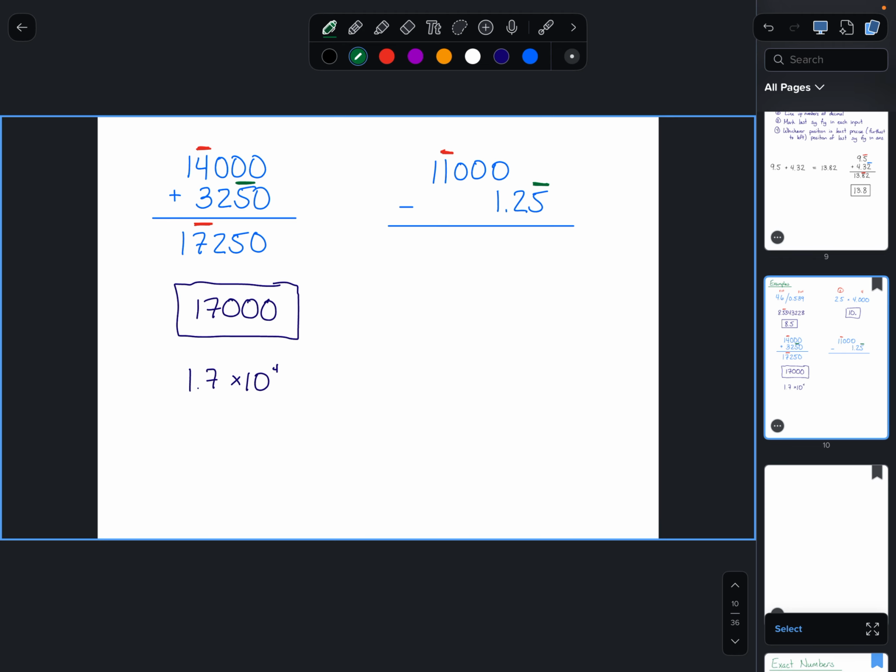So before I even do any math, which one of these is further to the left, red or green? The red. All right, so let's punch this into our calculator. We get 10,998.75. All right, what am I going to round to? What am I going to mark as the digit I'm rounding to? The 0. So when I round this off, what's my answer? 11,000.